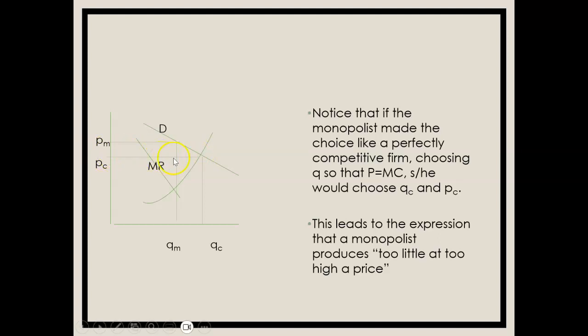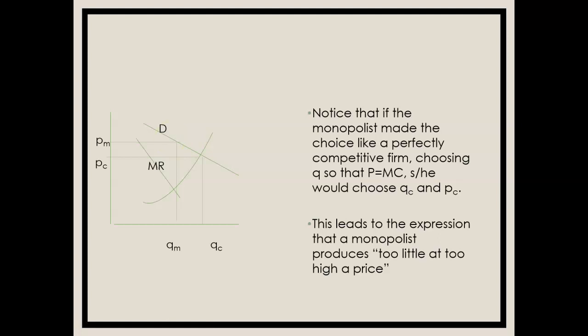So that would be at price PC at output level QC. But that's not what the monopolist does. The monopolist finds the quantity where marginal revenue intersects marginal cost, giving quantity QM, and then gets the price from the demand curve, PM, that corresponds to that: the price they could charge for that level of output given the market demand.